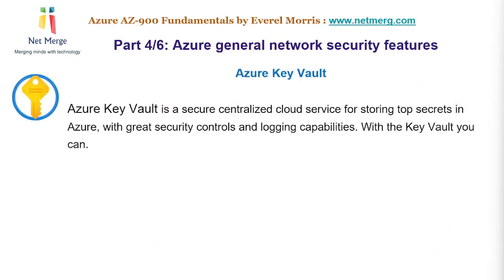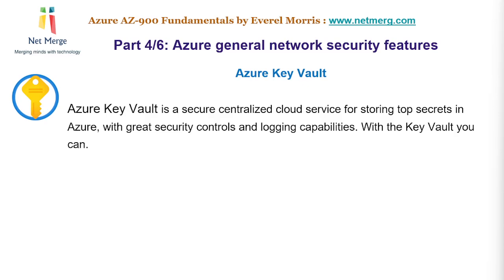So we're looking at a comprehensive set of tools that you can use to strengthen your security posture, to harden your security posture. Now, in addition to those tools, we're looking at the Azure Key Vault. It is a secure, centralized cloud service for storing top secrets in Azure with great security controls and logging capabilities.